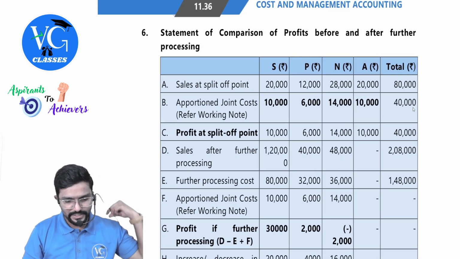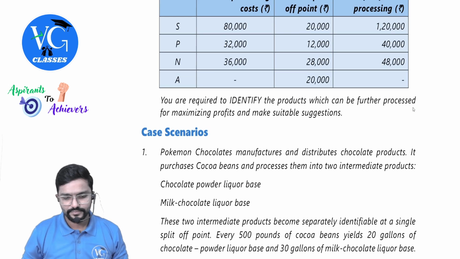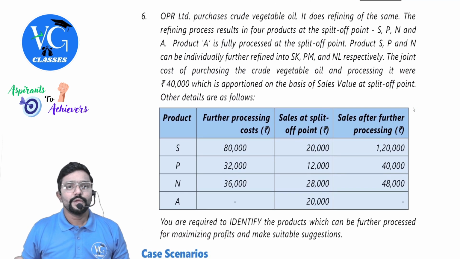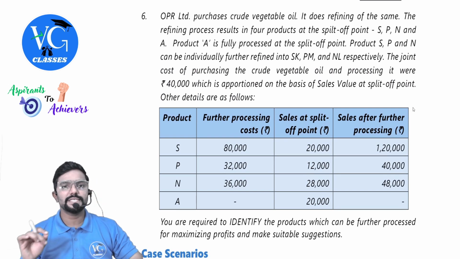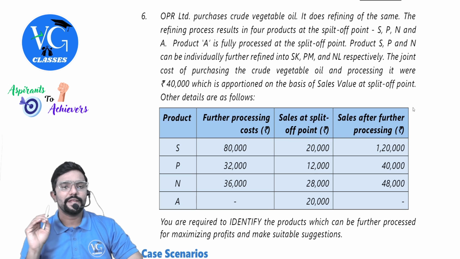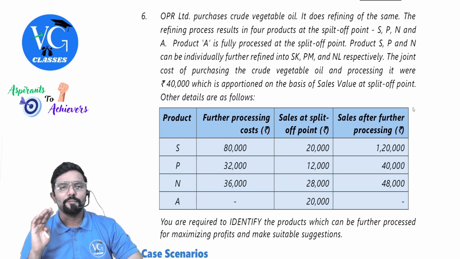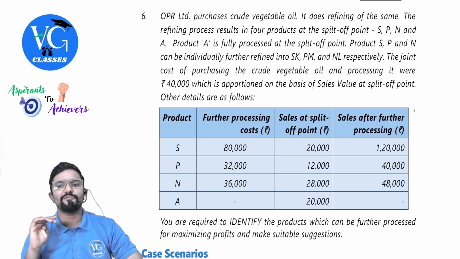Oh, one last question. Question number 6. QPR Limited purchases crude vegetable oil. It does refining of the same. The refining process results in 4 products at split off point: S, P, N, and A. Product A is fully processed at split off point.